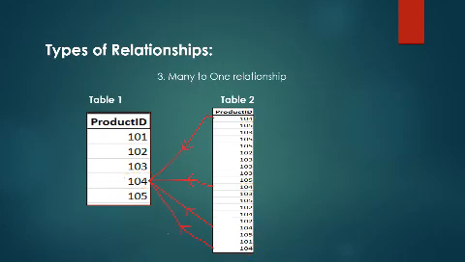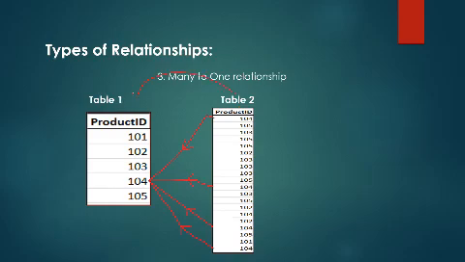Let's go to another relationship, that is many-to-one. You could see the same type of data here. The tables are the same, table one and table two. The main difference is the direction. Here we are seeing the data from this table to this table.